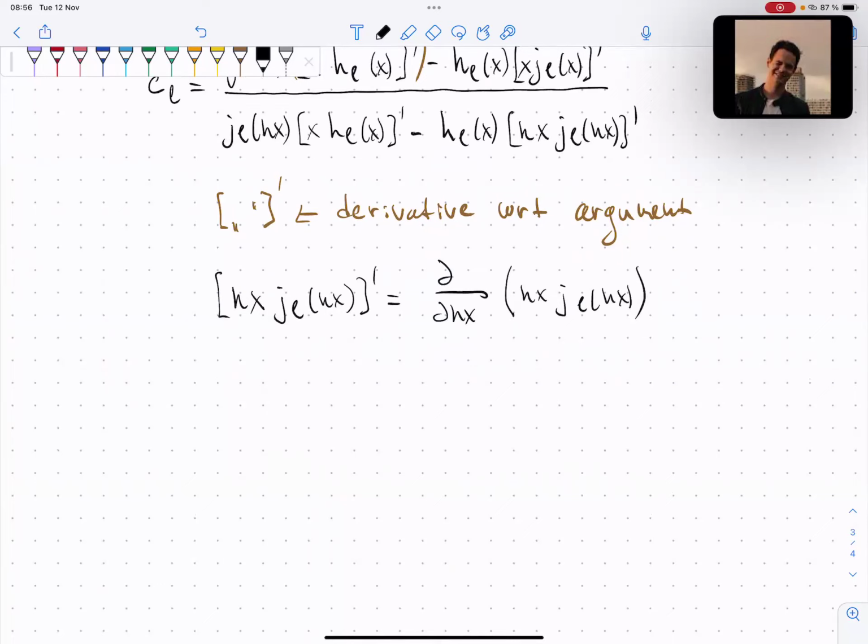Also, these functions x j_l of x are called Riccati-Bessel functions.